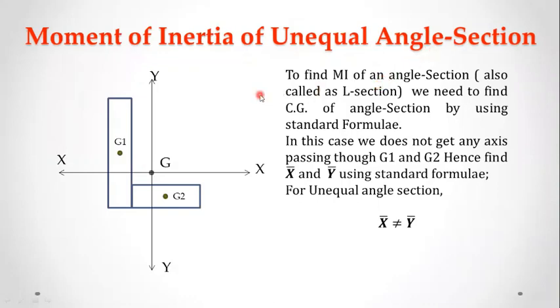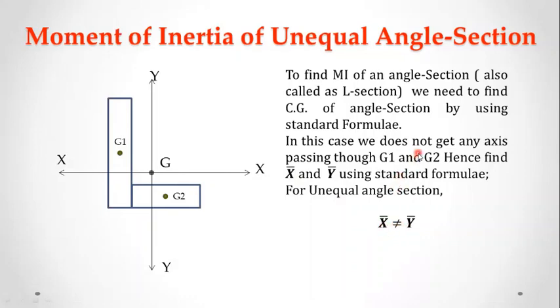To find the moment of inertia of unequal angle section, we have to find its center of gravity first. As we know, there are two centers of gravity of both the components, G1 and G2, and nothing is passing through the centroidal axis of the L section. That's why x bar and y bar will not be the same, so x bar does not equal y bar.